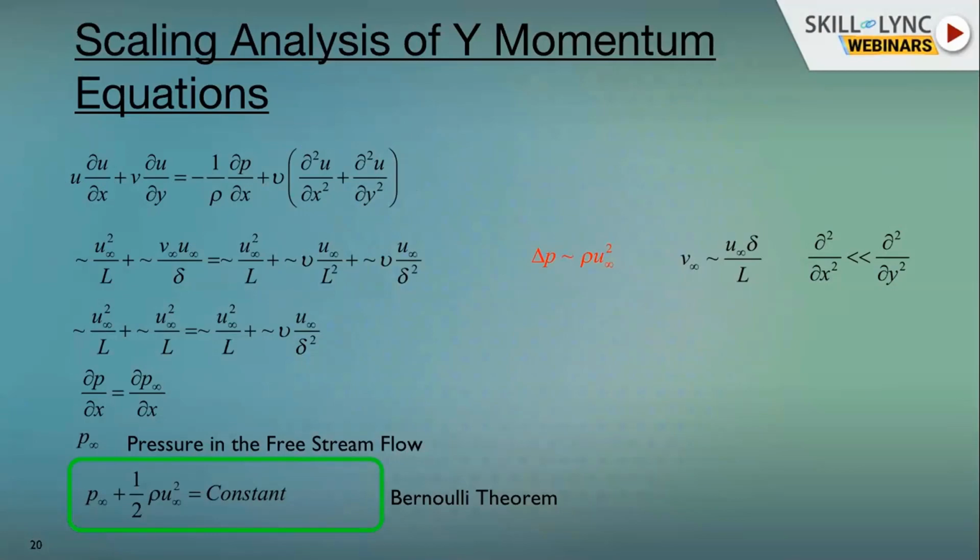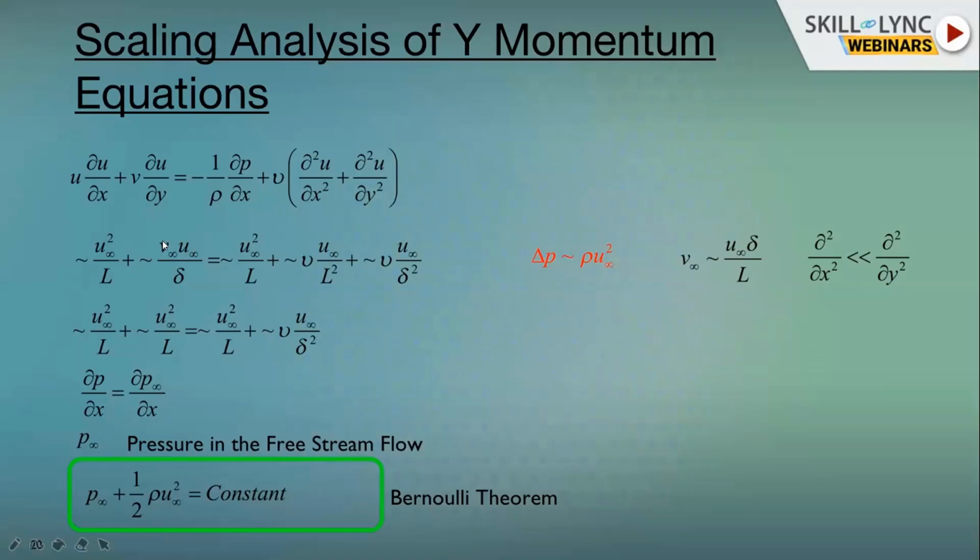Just like the Y momentum equation, do the substitution. U in terms of U infinity: delta U by delta X, you put U infinity minus 0, that is U infinity. So U infinity squared over delta X will be replaced by L, because it is L minus 0.